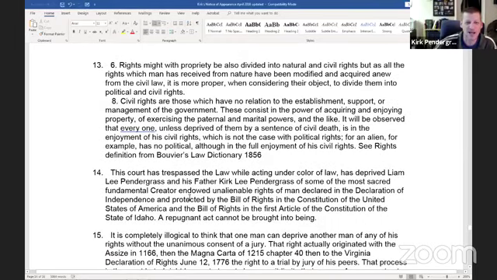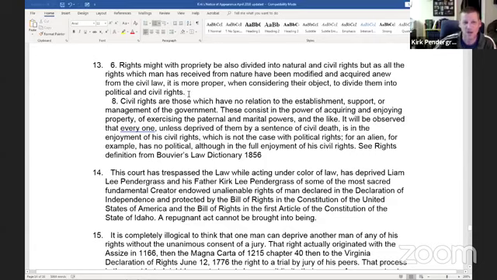This is rights out of Bouvier's Law Dictionary. Rights might with propriety be also divided into natural and civil rights. But as the rights which man has received from nature have been modified and acquired anew from the civil law, it is more proper, when considering their object, to divide them into political and civil rights.